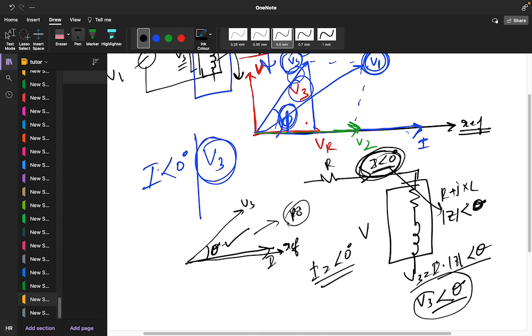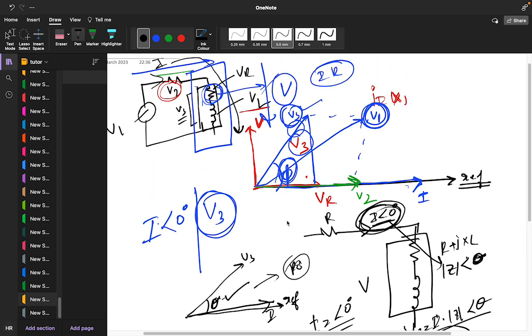Prasanna, you got this concept? So load side we are considering as V3, so we have to take the angle between V3 and I, right? Yeah, because here the load is the combination of R and L. Yeah, that's why you have to take the angle difference between your current and your load voltage.